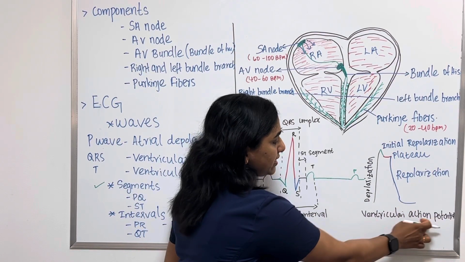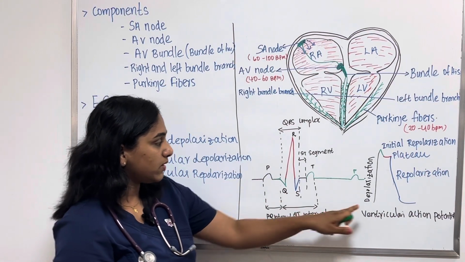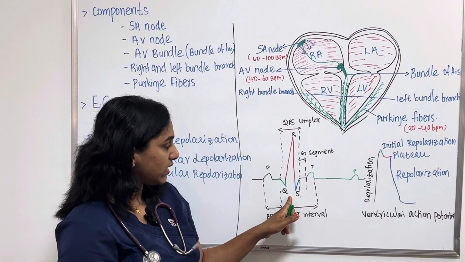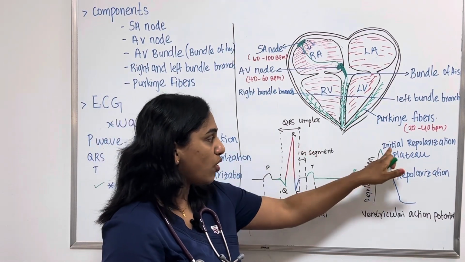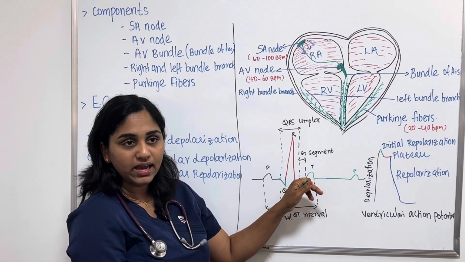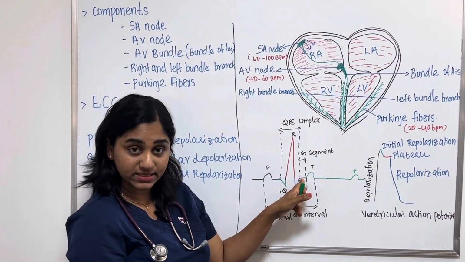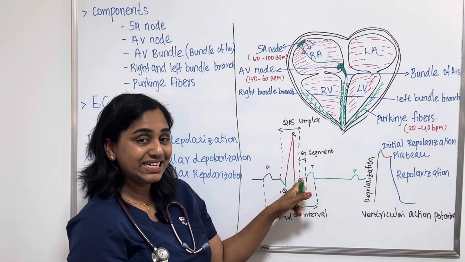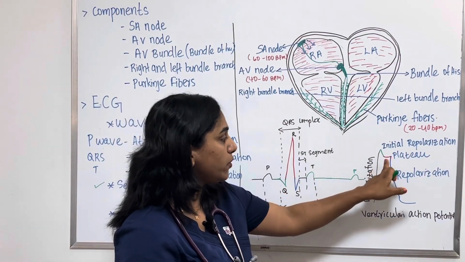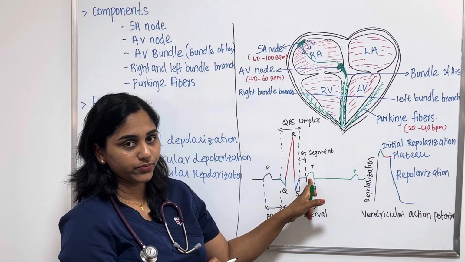Okay, so this action potential, when we relate it to the ECG strip, this depolarization is the QRS complex and there will be a small initial repolarization, that is the beginning of the ST segment, and the plateau, that is the ST segment. There the ventricle contracts and empties the chamber, followed by the repolarization that forms the T wave.